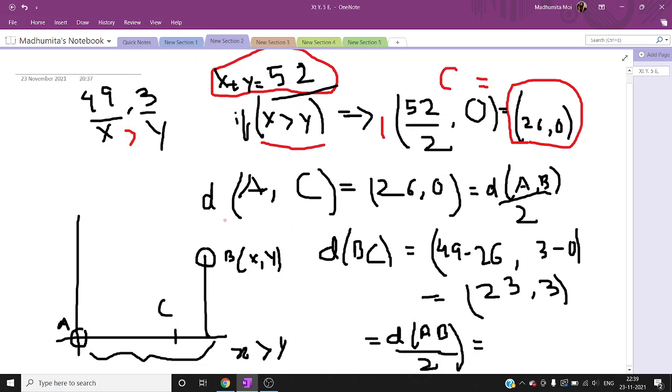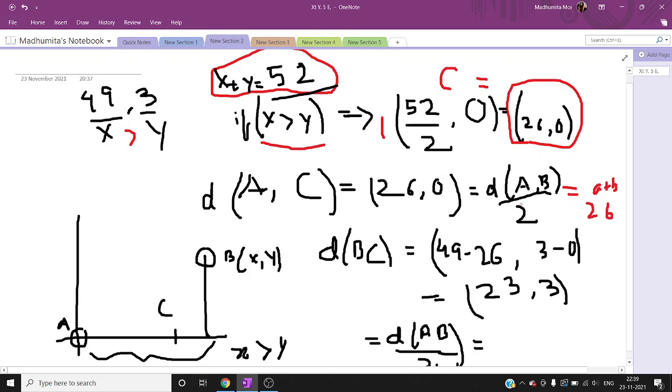Now why am I writing this? Because the distance of A to C is A plus B. Here I have given the distance. Just add this 26 plus 0, we get 26.